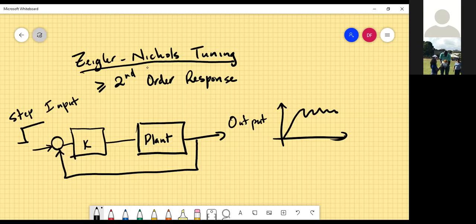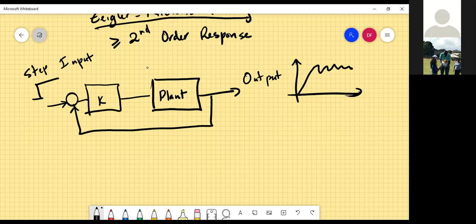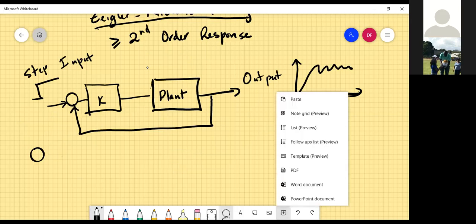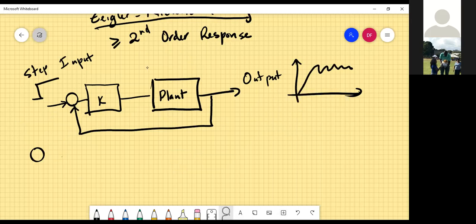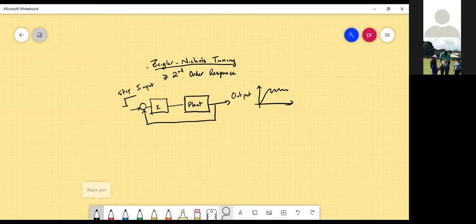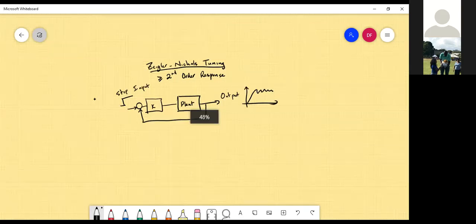There are some things that we need to find out.